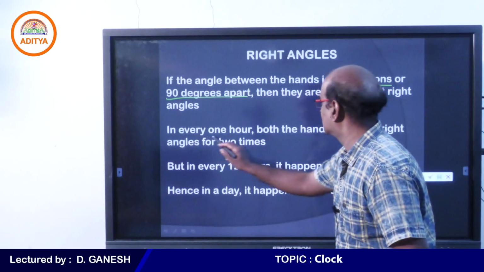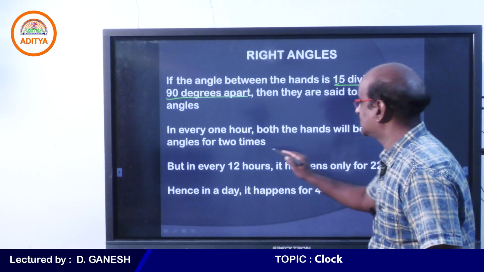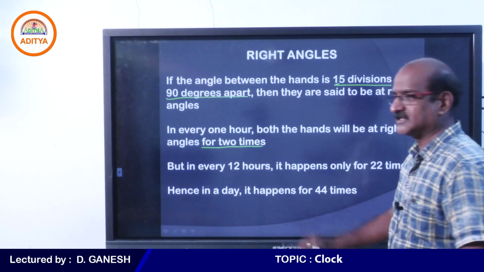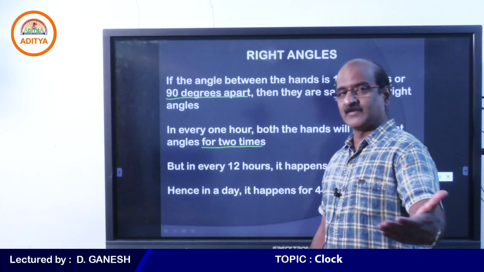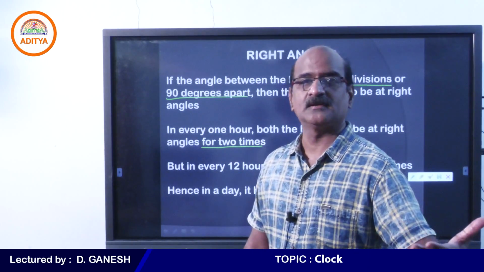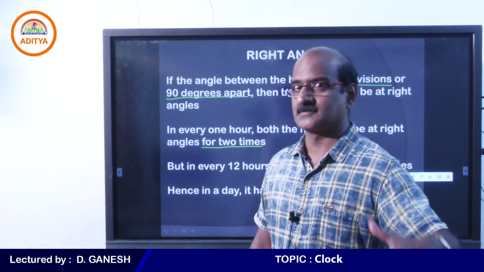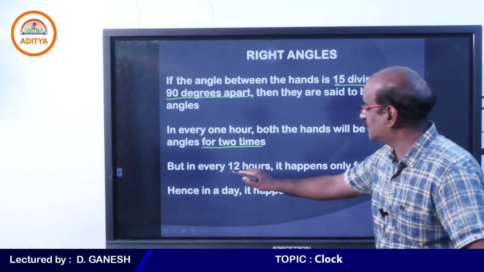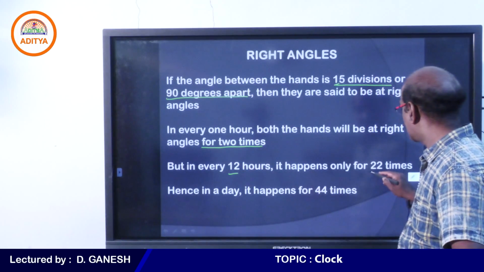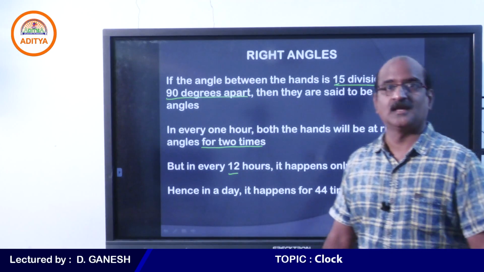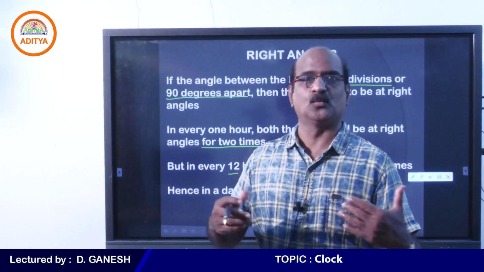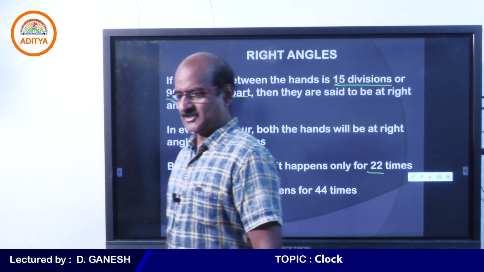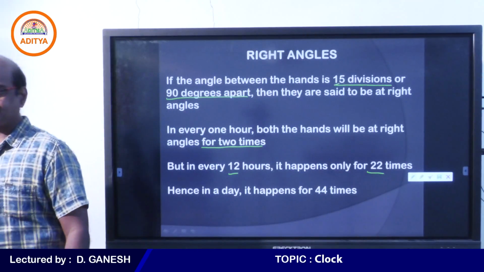In every 1 hour, both the hands will be at right angles 2 times, as we already saw. But in every 12 hours, it happens only 22 times. I will explain why. Please note down first.